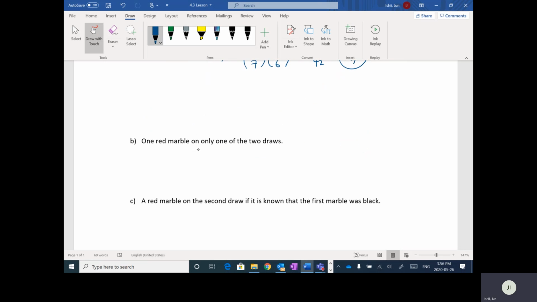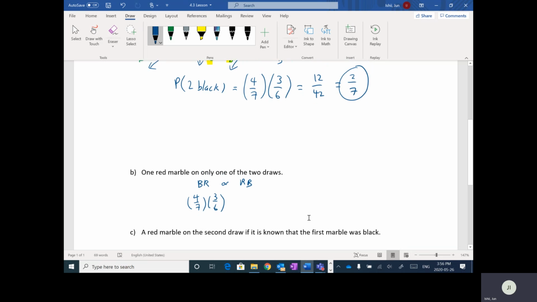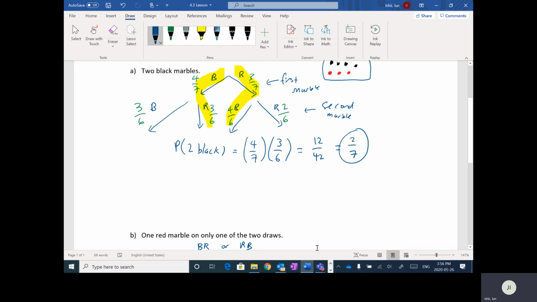Okay, so I'm going to go black red, or you can go red black. Okay, so to get black red, it's 4 out of 7 times 3 out of 6. Let me scroll that up. Okay, so black and red would be 4 out of 7 and 3 out of 6.